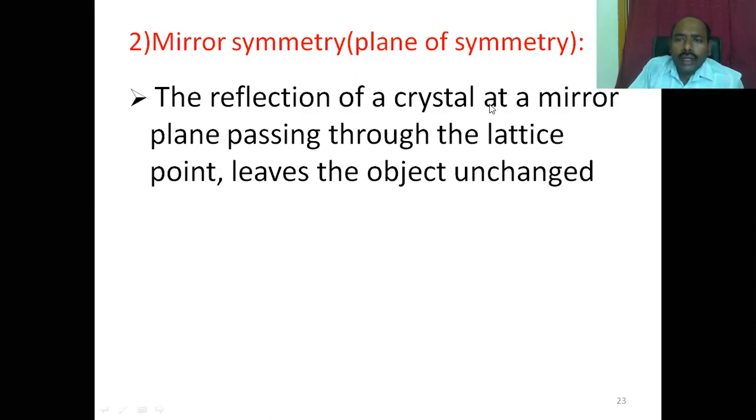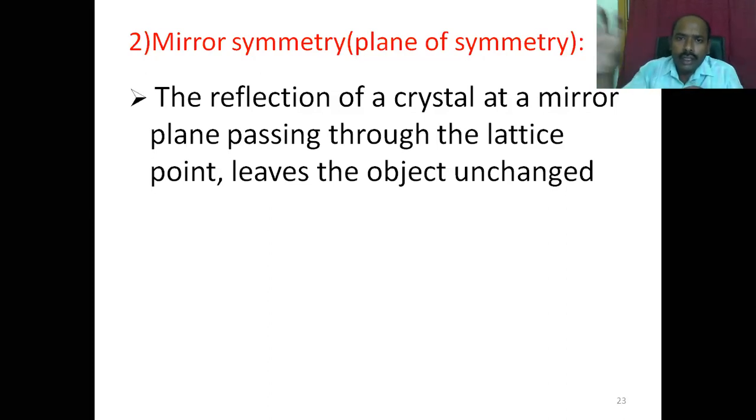The reflection of a crystal at a mirror plane passing through the lattice point leaves the crystal unchanged. That means if a plane passes through certain lattice points, and we consider the plane as vertical in our view, whatever environment you observe on the right side, you observe the same on the left side.